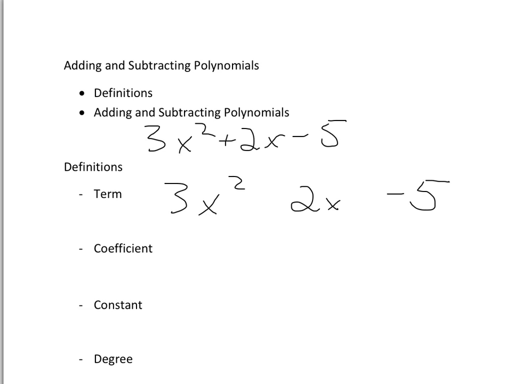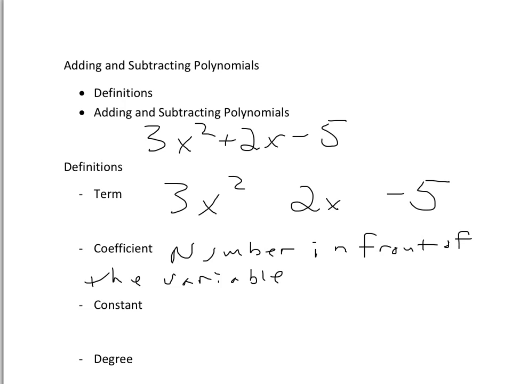The coefficient is the number that's in front of the variable. So in the term 3x squared, the coefficient is 3. The constant is the number that's all by itself that has no letter. So in this polynomial, the constant term is 5.